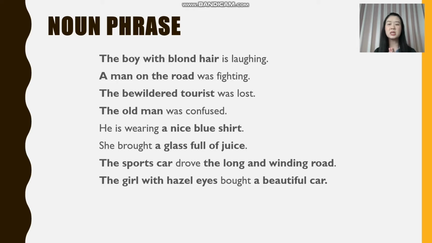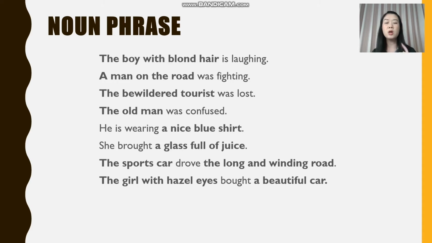So you can see that if I just mark the word boy in red, that is determiner. That is on the left, I mean before the noun. And with blonde hair, that is some kind of modifier that is possible to be right after the head word. Okay, that is possible. Next one.